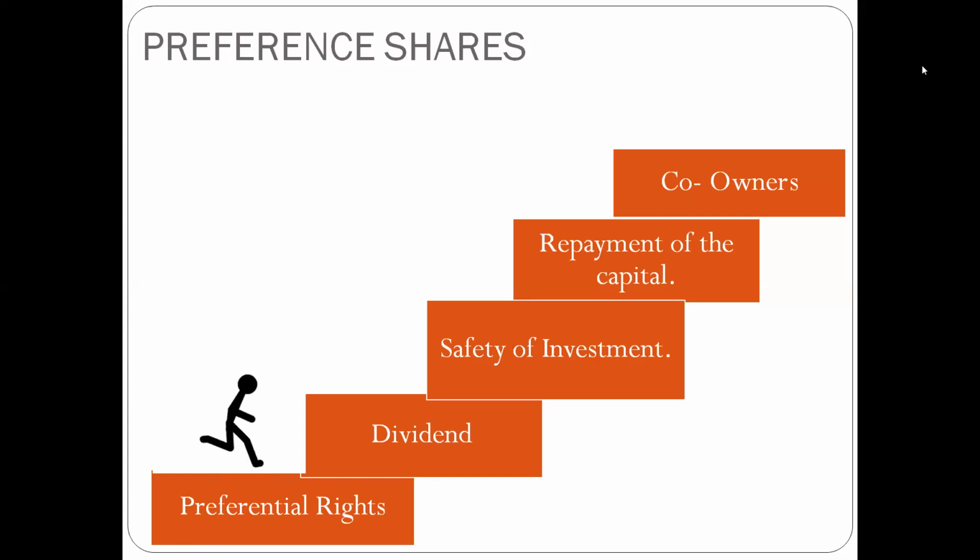He is having preferential right. Now, second thing is he gets dividend. Both are getting dividend, but the preference shareholder gets a preferential right in getting dividend. He will be having more preference in getting dividend.